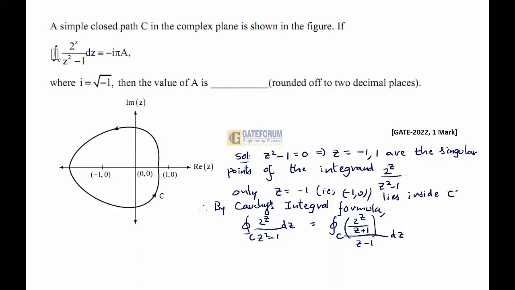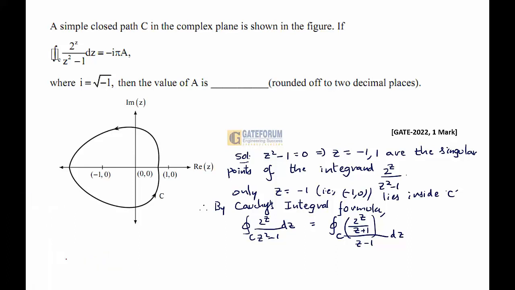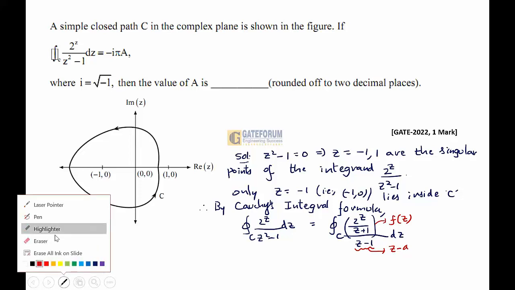This numerator function I want to denote by f of z, according to comparing with the Cauchy integral formula, and the denominator is denoted by z minus a, where a is equal to minus 1. Because minus 1 is inside, we should keep the factor corresponding to minus 1, which is z plus 1, in the denominator, and the remaining z minus 1 in the numerator in place of f of z.